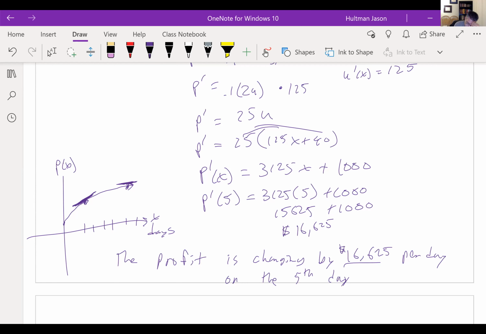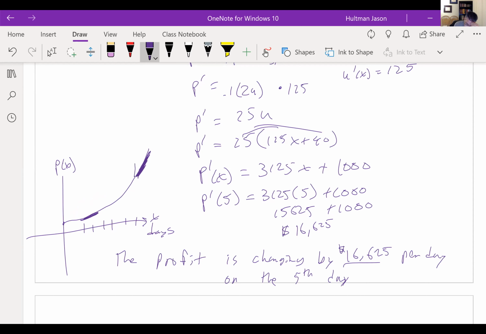Okay, it could also look like this, where you have low profits in the beginning and you have higher profits later on. Okay, and so over one day, what was your average rate of change for that day?